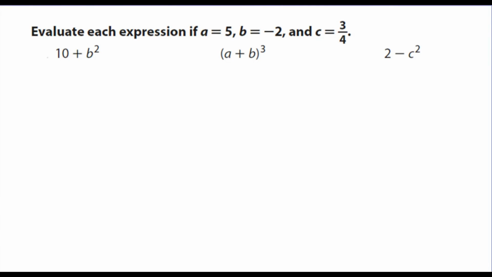So let's take a look at these algebraic expressions and evaluate them for the given value. One thing we have to look out for again is when we are substituting a value in for a variable that's raised to a power when it's negative, just like this one right here: 10 plus b squared, and b is -2. So is the negative included with the exponent or is it not included?